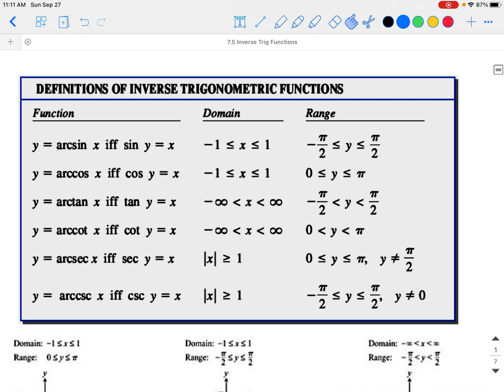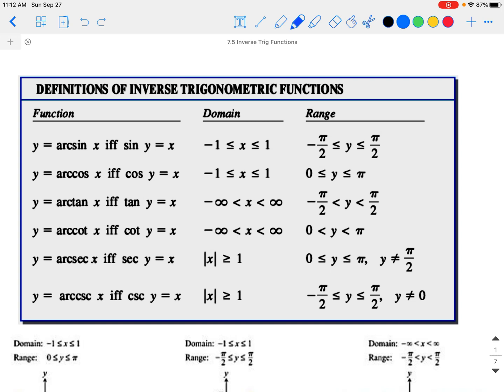We revisited them in AB, and now we're seeing them again in Calc BC, where the domain is really important because if we're outside of that domain, we don't actually have an inverse function, which means the only values we can use are the values of the domain that give us those specific range values.